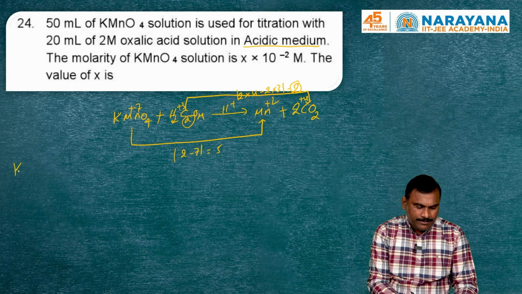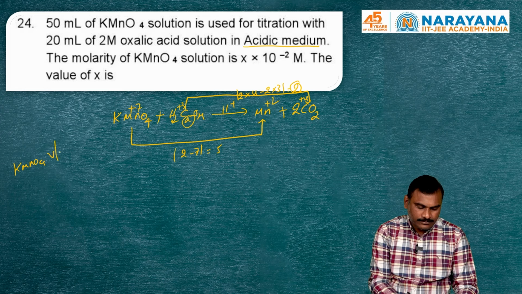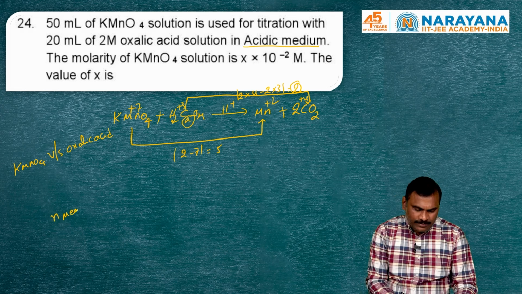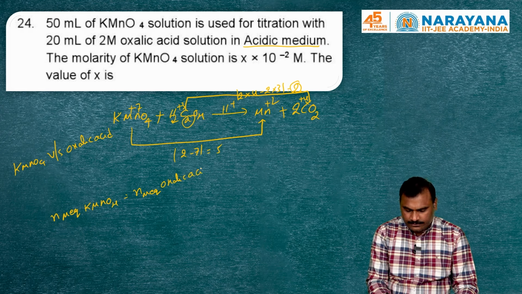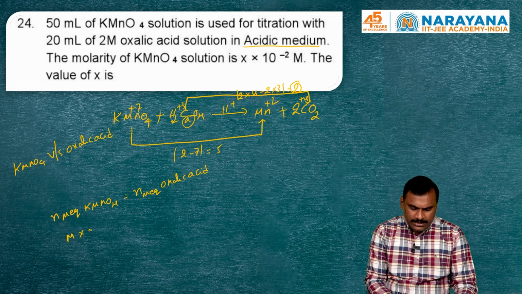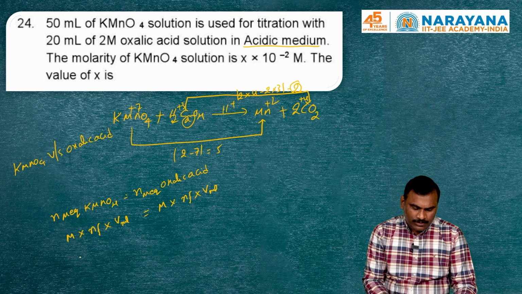So it is a KMnO4 versus oxalic acid redox titration. According to that, the number of milliequivalents of KMnO4 is equal to the number of milliequivalents of oxalic acid. Milliequivalents of KMnO4 is molarity into n factor into volume in milliliter, equal to molarity into n factor into volume in milliliter for oxalic acid. Molarity we have to find out.